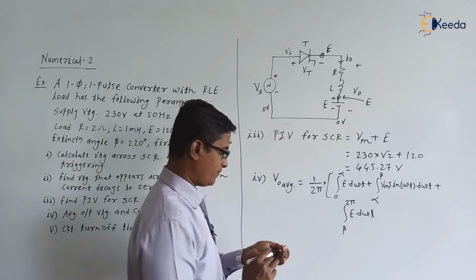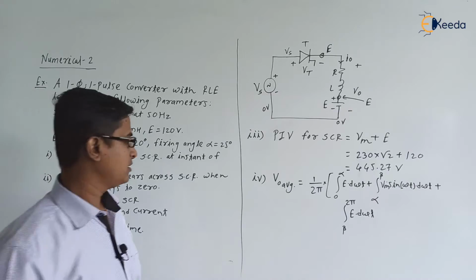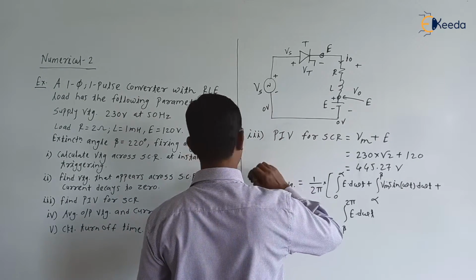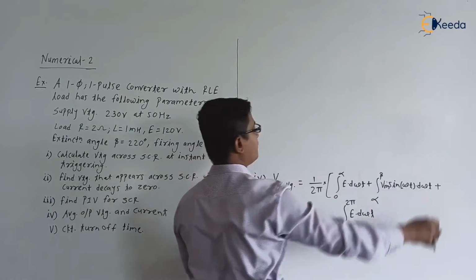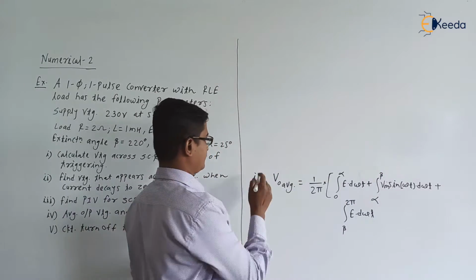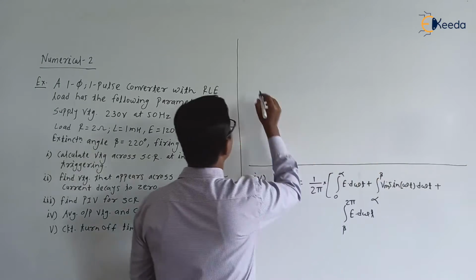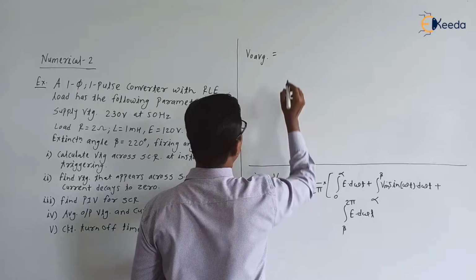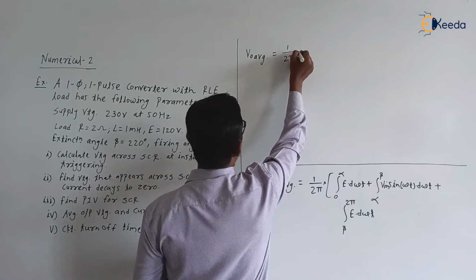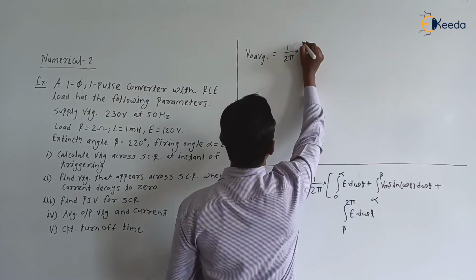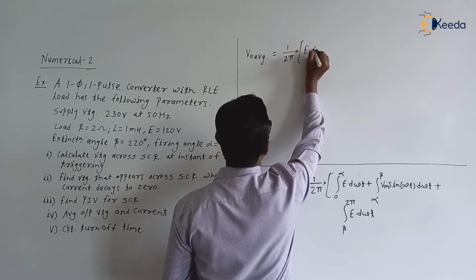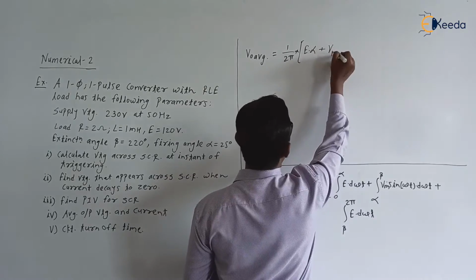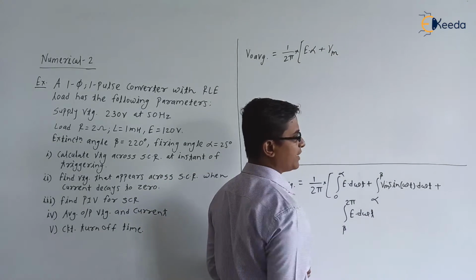Now can we simplify it? Yes, we can simplify it. So V0 average is equal to 1 by 2 pi into E into alpha plus Vm into integration of sine, which is minus cos omega t.